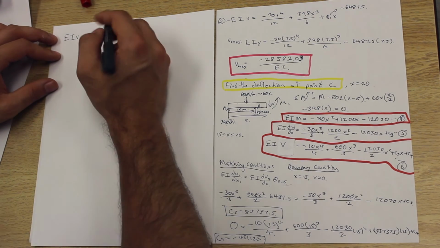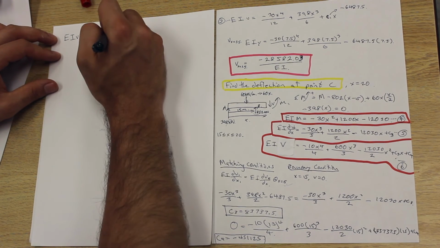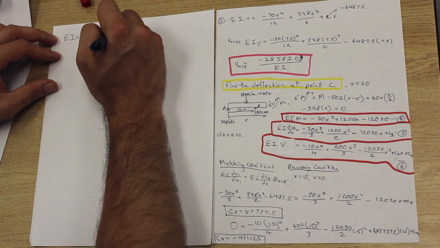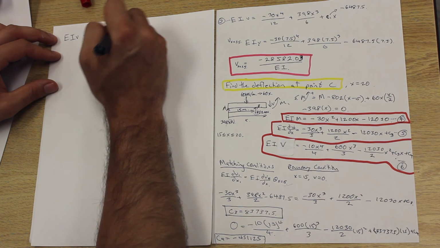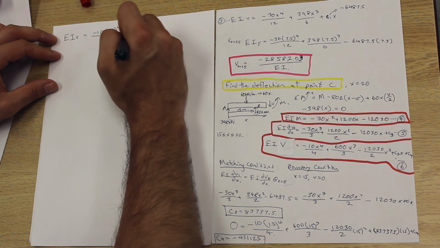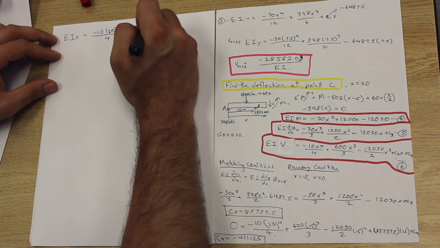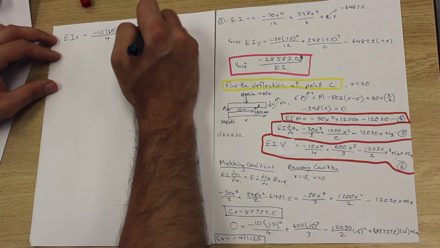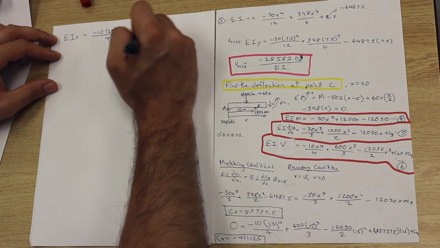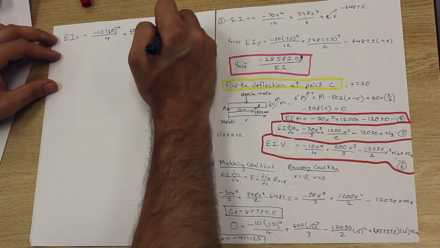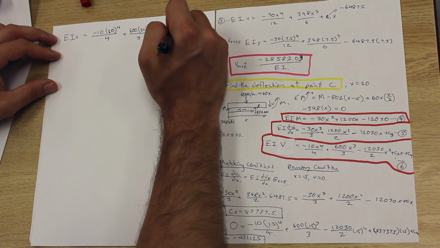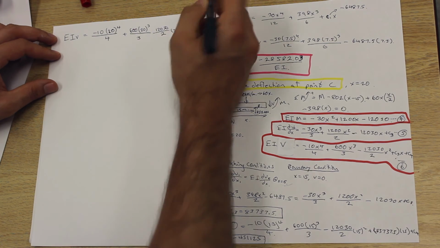So we have negative 10 times 20 over 4 plus 600 times 20 cubed over 3 minus 12,030 over 2 times 20 squared.